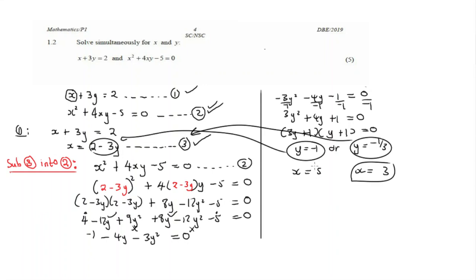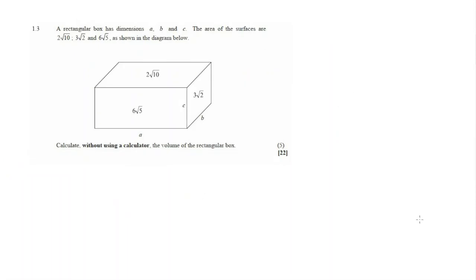So this is the x value and another x value. So now we have the roots for this simultaneous equation.